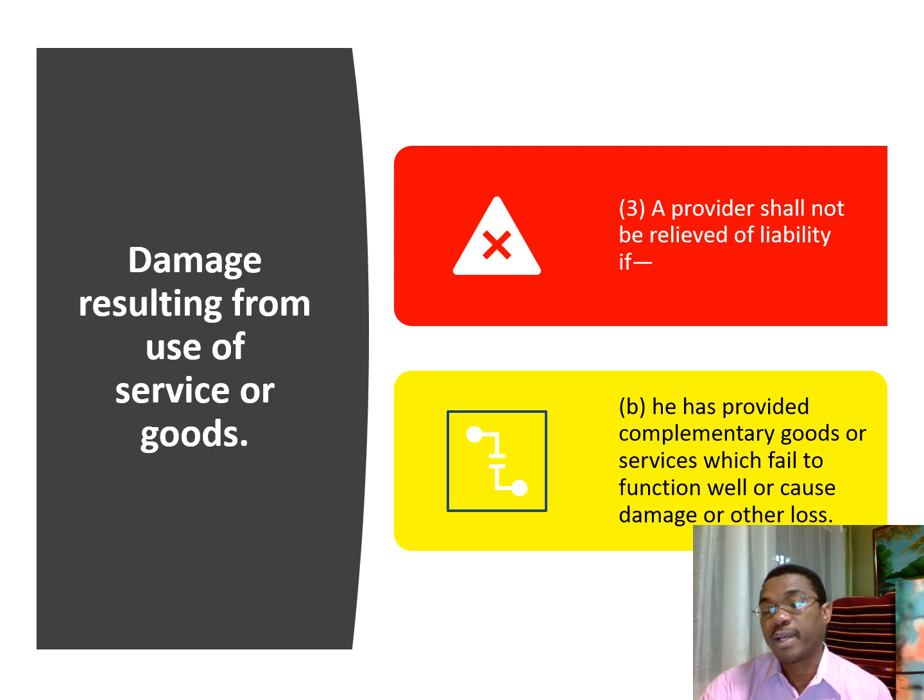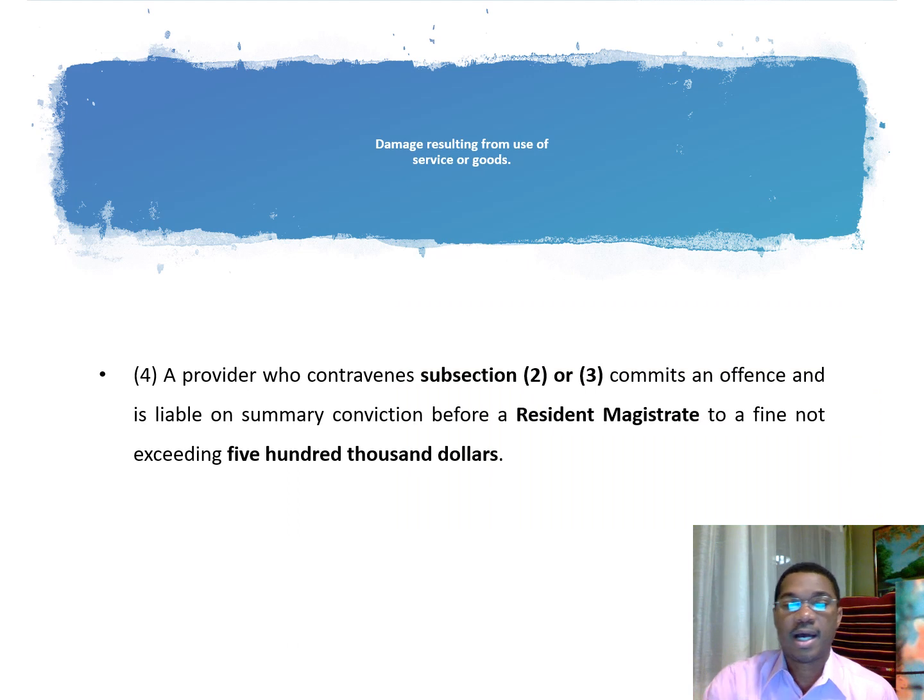And if they do offer it, then they have to ensure that that complementary good or service is equal to, or better than, some may argue, the original item that had been bought.